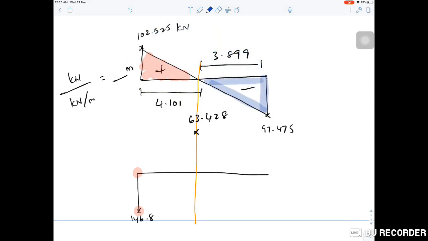Then minus this triangle, minus 0.5 times 3.899 times 97.475. Okay, from calculation we get negative 126.6, somewhere here.